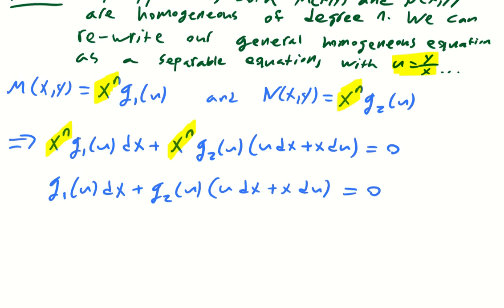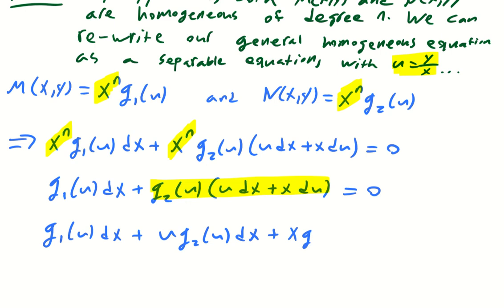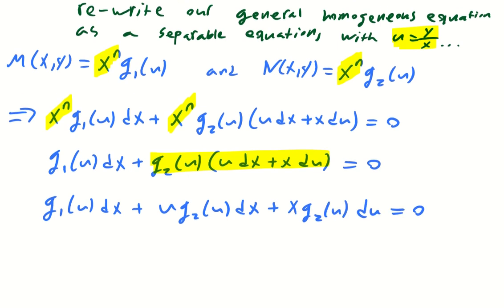And then I think the good idea would be to expand this expression. So we have g sub 1 of u dx plus u times g sub 2 of u dx plus x times g sub 2 of u du is equal to 0. Here's a dx expression, here's a dx expression.